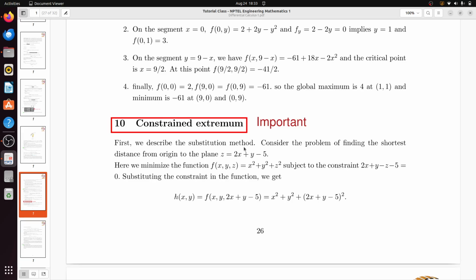Just put in the values of x and y and determine z. Minus 5 by 6. Z is minus 5 by 6. Okay.